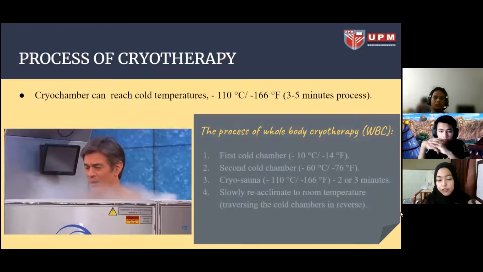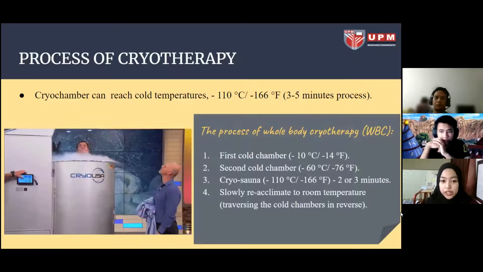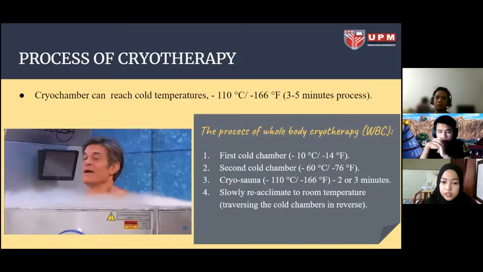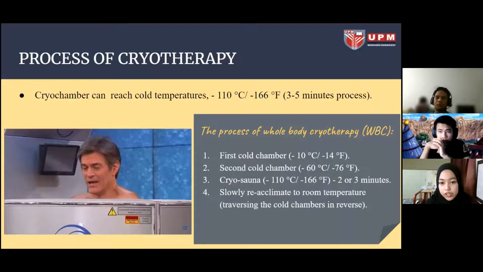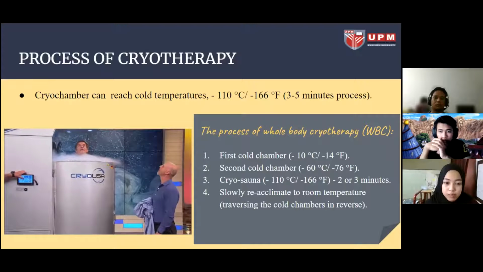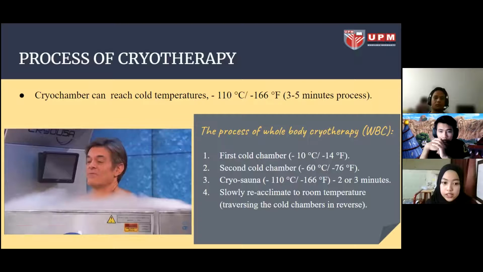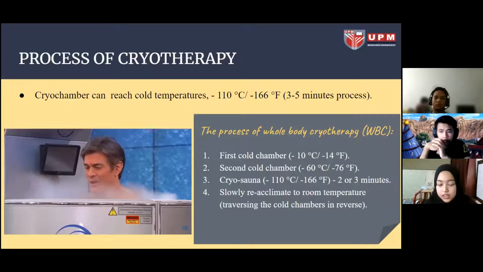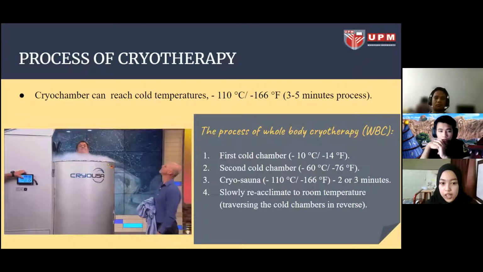This is to protect ourselves from the extreme cold temperature in the cryochamber. After we ensure we are using the correct clothing, we first enter the first cold chamber. In this first cold chamber, we set the temperature of the cryochamber to negative 10 degrees Celsius, equivalent to negative 14 degrees Fahrenheit.